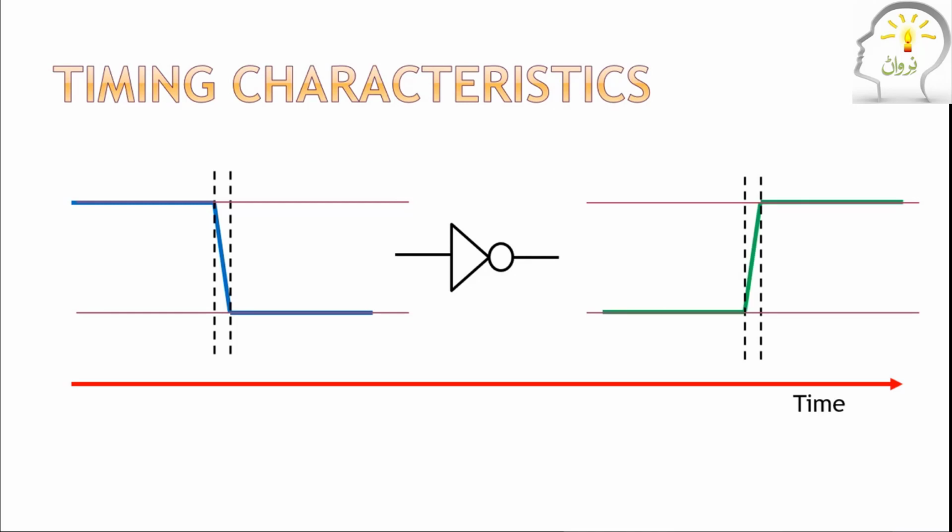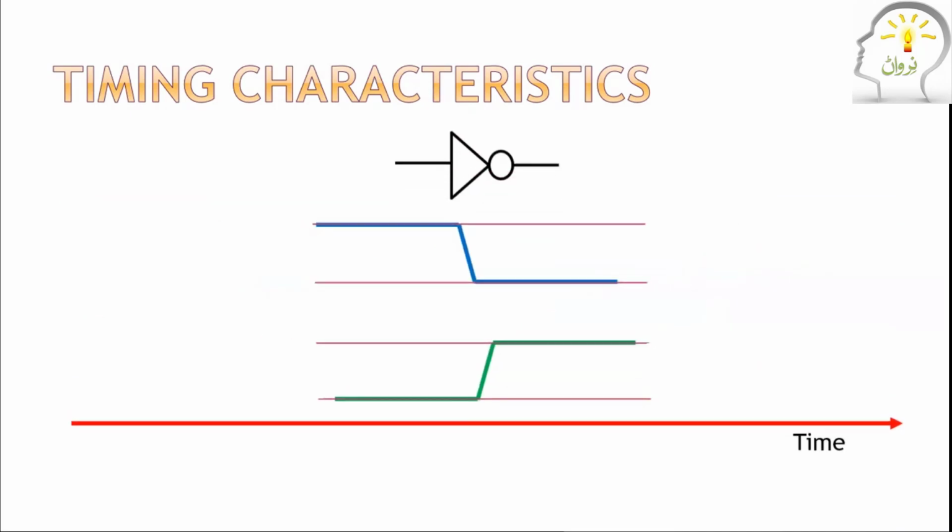Now we will put output and input on the same time axis, and we will note down the 50% value of the input, and the 50% value of the output, the mid value of both.